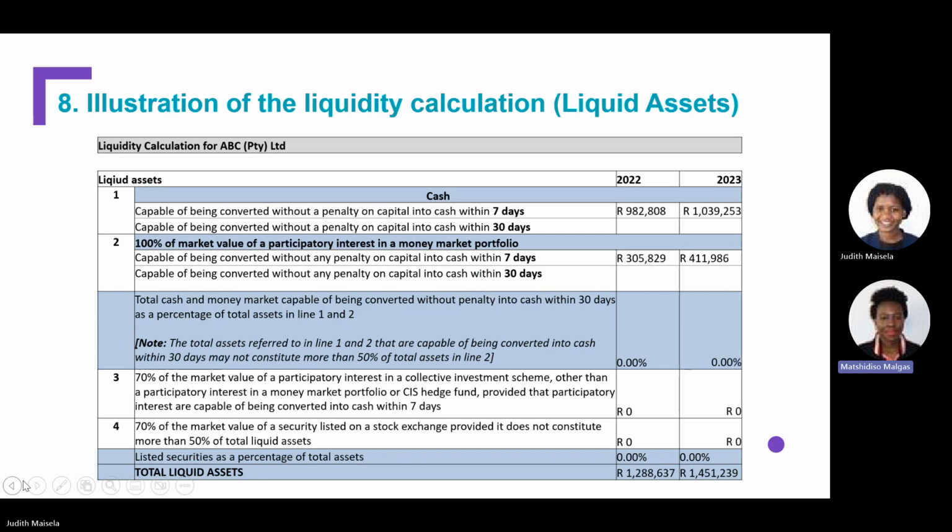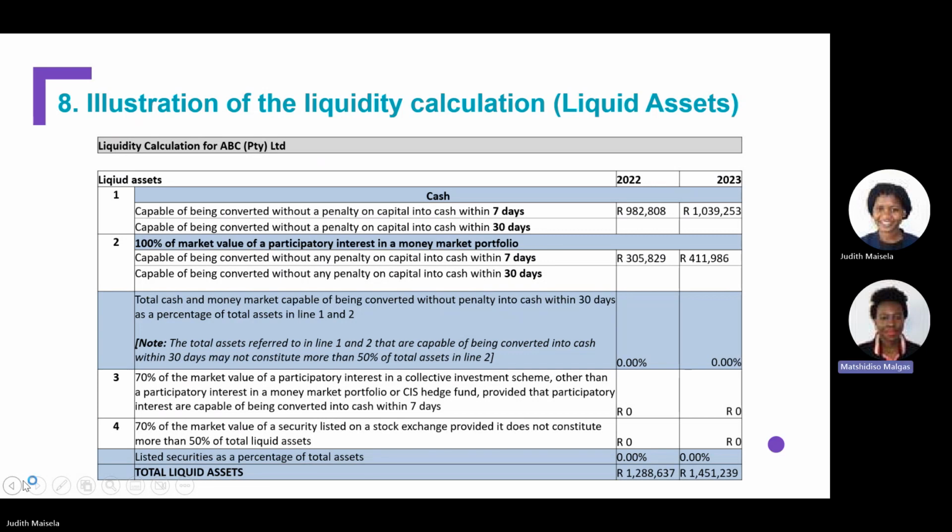What's considered to be cash is cash that is capable of being converted without a penalty on capital into cash within 7 days, and also capable of being converted without a penalty on capital into cash within 30 days. If any of the assets that an FSP has cannot be liquidated within 7 or 30 days, that will not be considered as cash.